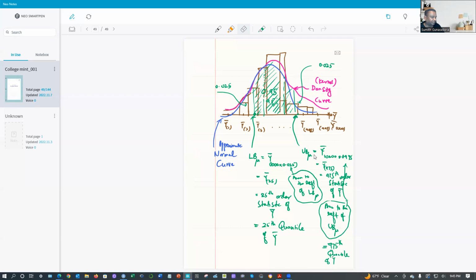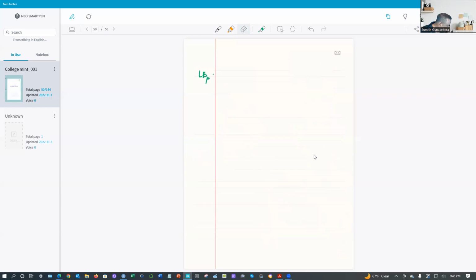Those are the upper and lower bounds. So the lower bound of mu is nothing but the Y bar 25th order statistic. How do you get this one? I'm going to go to the bootstrap sampling distribution of the mean and say, please give me the 25th one.